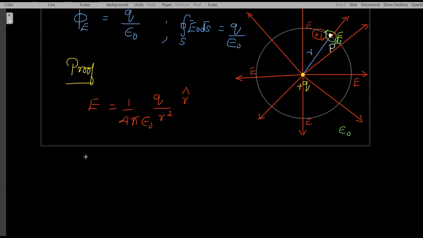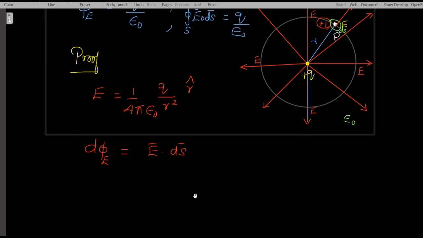Already we know that is d phi, or we represent as d phi E, which is equal to E dot dS, electric field into area vector dS.